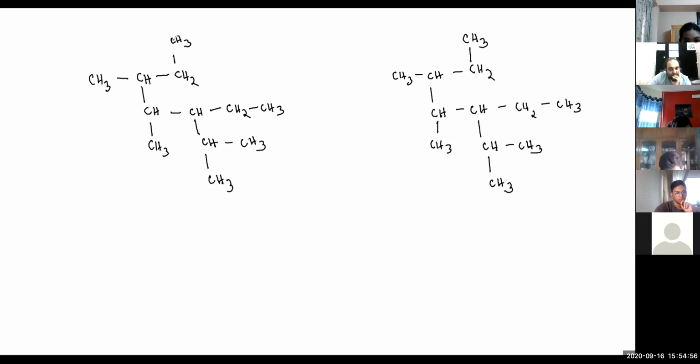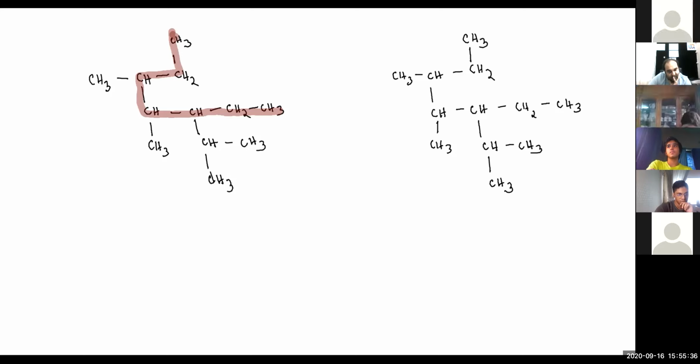Okay, longest chain is 7. So if the longest chain is 7, how many branches does it have? 3. It has 3 branches.